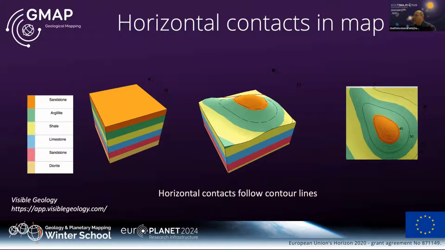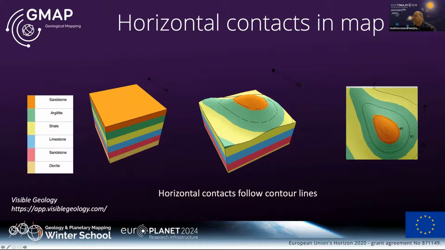So if you know the stratigraphy very well, and we constrain it very well, it's quite simple to derive geological sections on horizontal contacts, since we see that the horizontal contacts are parallel to the contour lines.